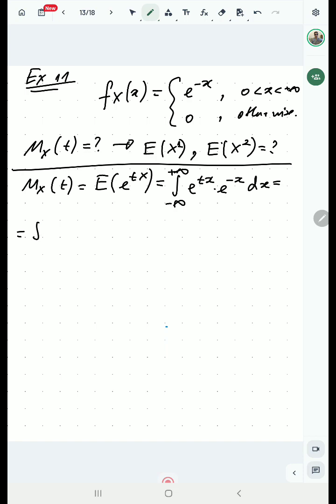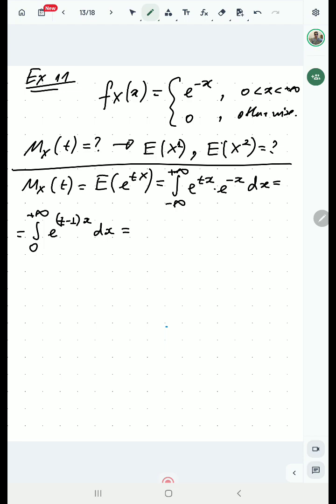Look at the boundaries: the PDF is non-zero only within the interval 0 to positive infinity. When x is negative, the PDF is equal to 0. Therefore we change the interval in this way, and here we get e to the power (t minus 1) times x, dx.